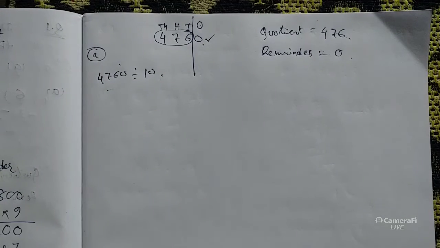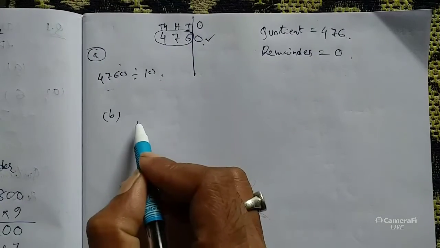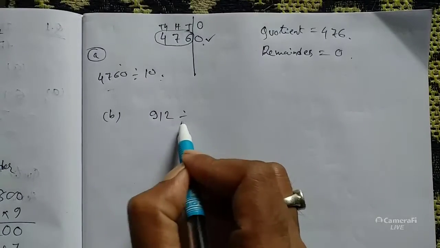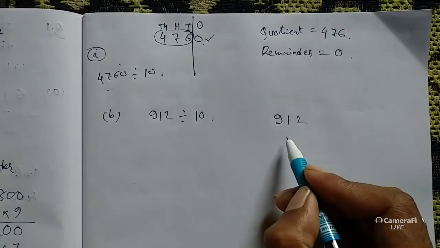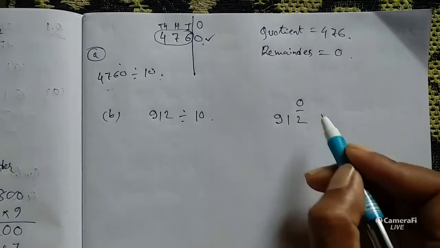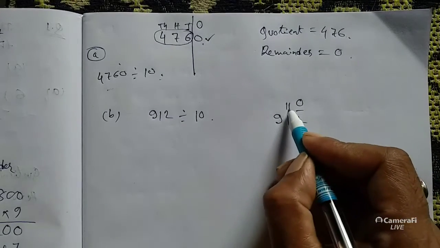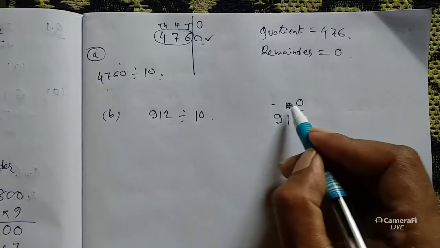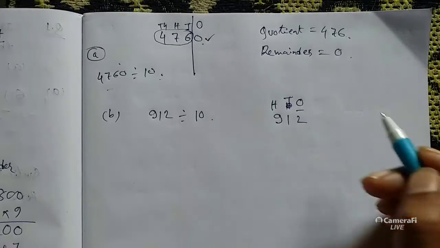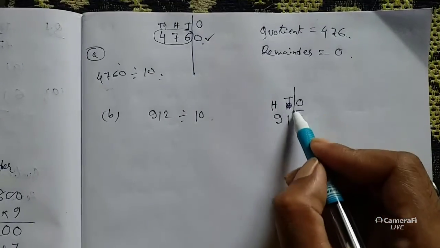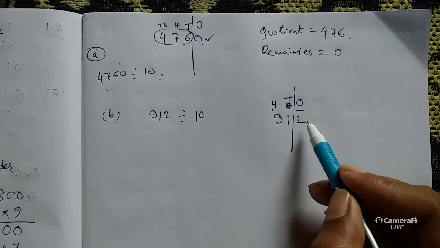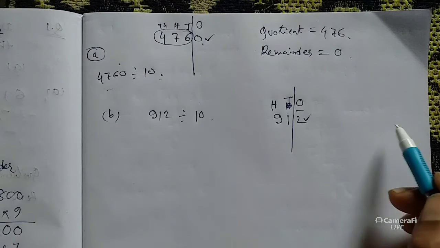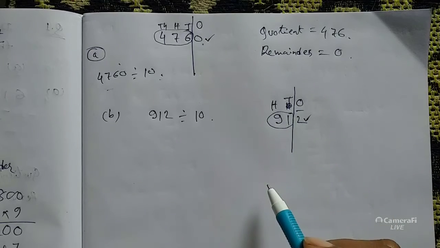Okay, this is done. Now for number B, 912 divided by 10. In 912, this is the ones place digit, this is the tens place and this is the hundreds place. Now divide it into 2 parts. So the ones place digit 2 is the remainder and 91 becomes the quotient.